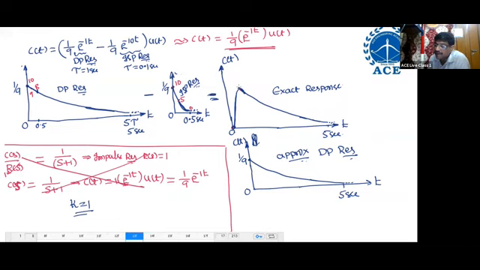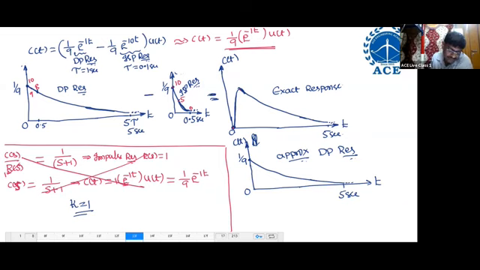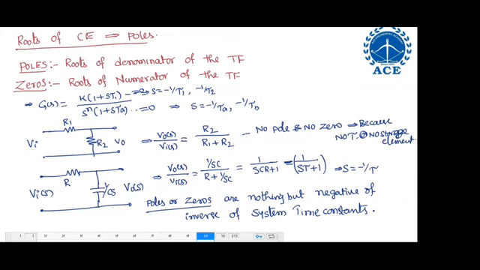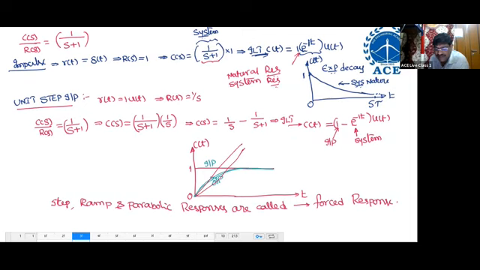Sir, 3F. So in this, you said for the forced response, how can we find that? You said there are 3 types, I didn't get that.